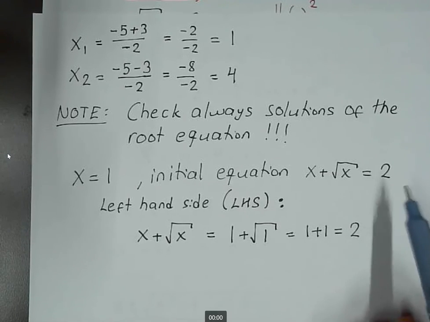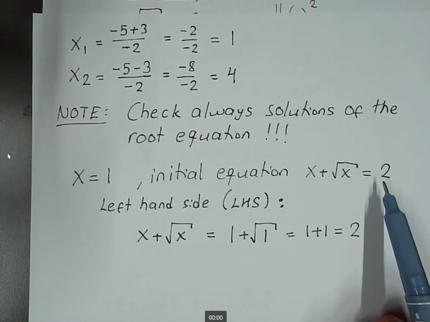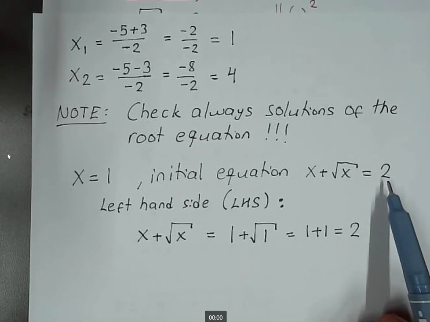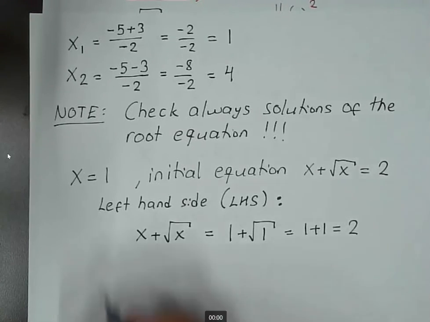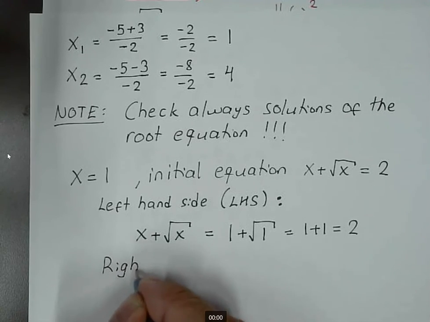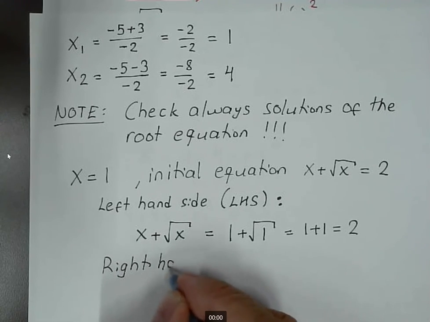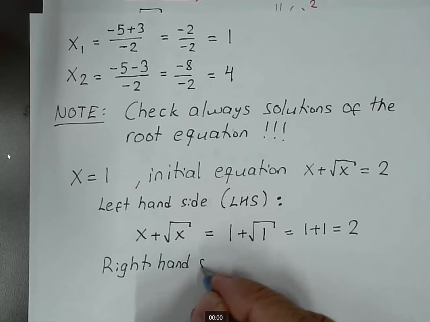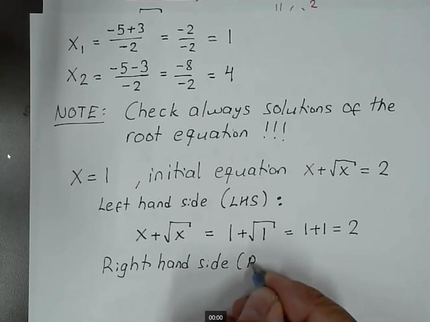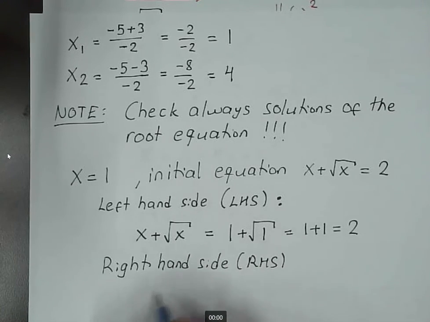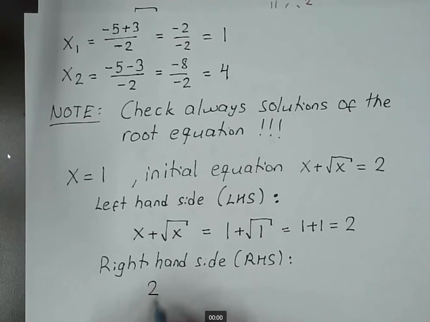And in the initial equation, the right hand side, there is nothing to calculate there because there is only 2.